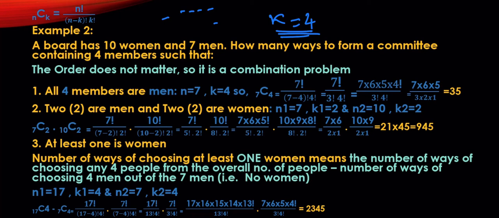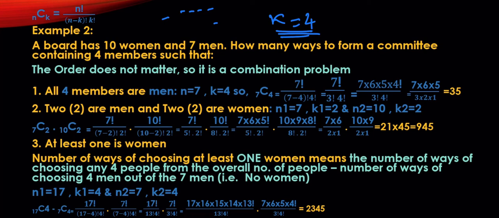If all the people selected are men, in this case only will we not have any woman. But if we selected two men, we'll have two women. If we have selected three men, we'll have one woman. If we have selected zero men, we'll have four women. But if we selected all the members men, we'll not have any woman.